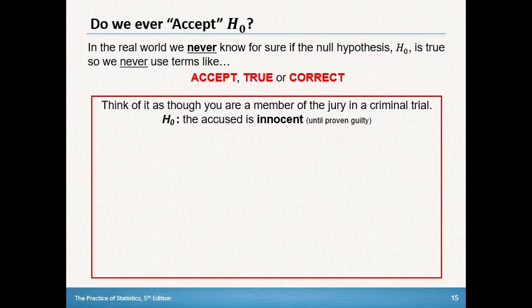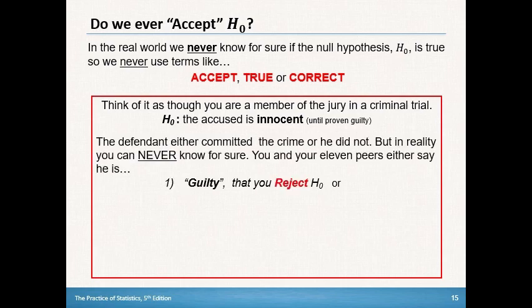An analogy that we can use is that if you are accused of a crime, we say the accused is innocent until proven guilty. That would be sort of like the null hypothesis. The defendant either committed the crime or did not. We never really know for sure.